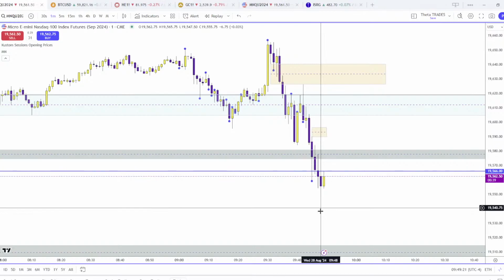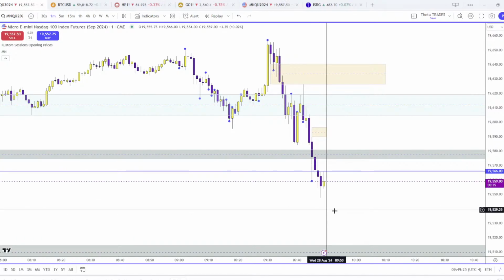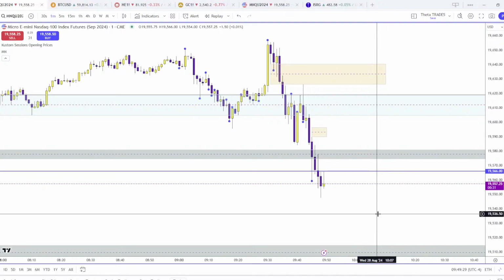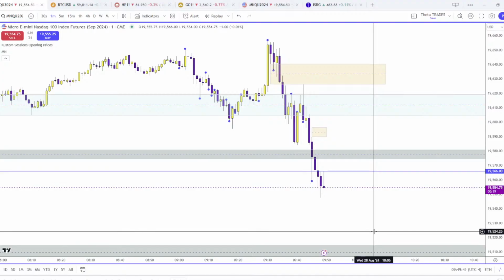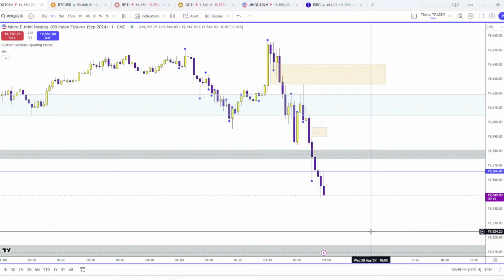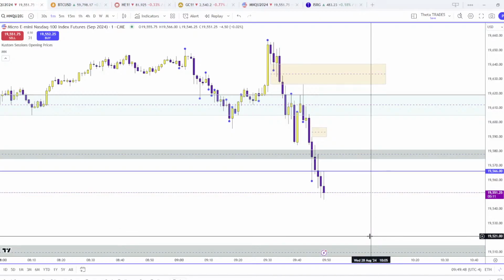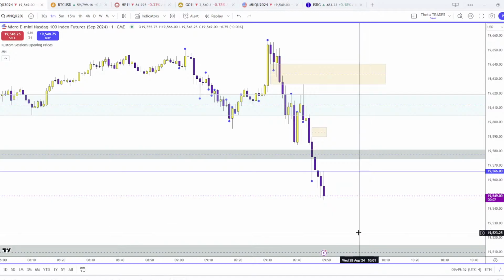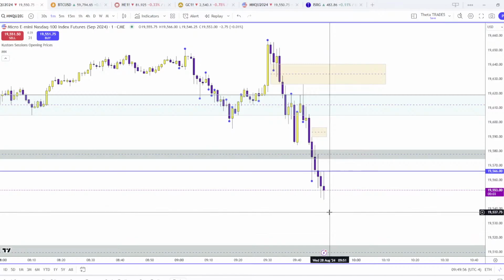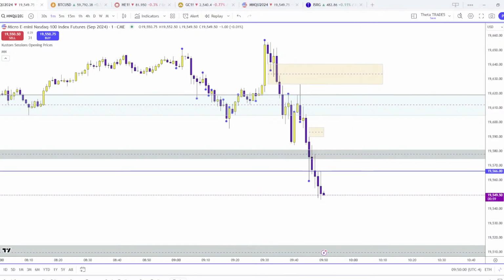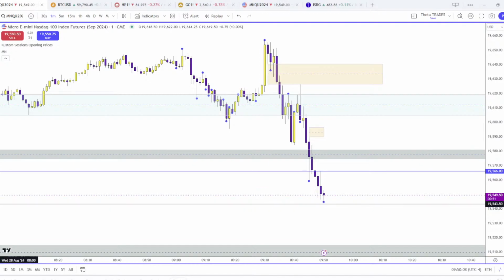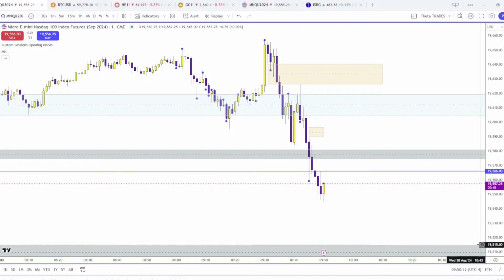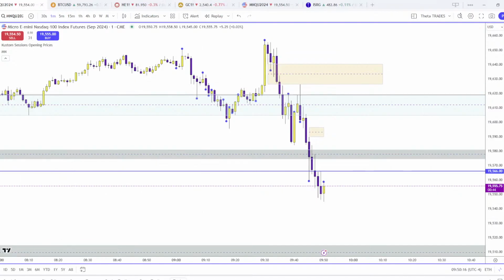I like to see another fair value gap forming down here. So 940 to 943, or 540 to 543, right here.